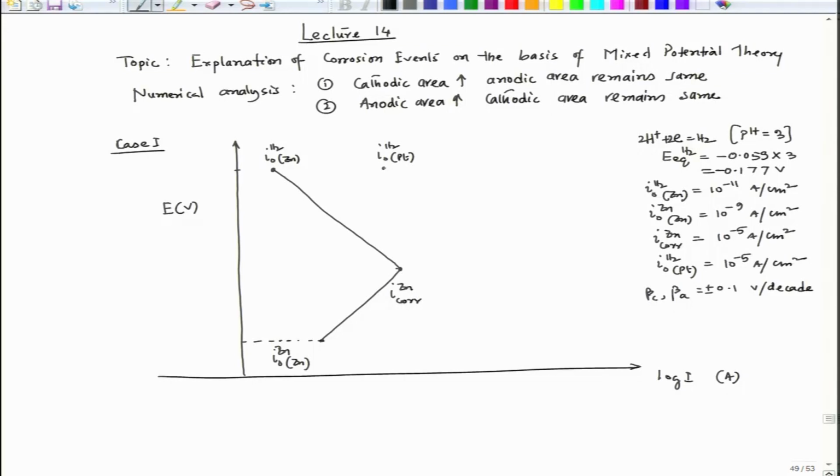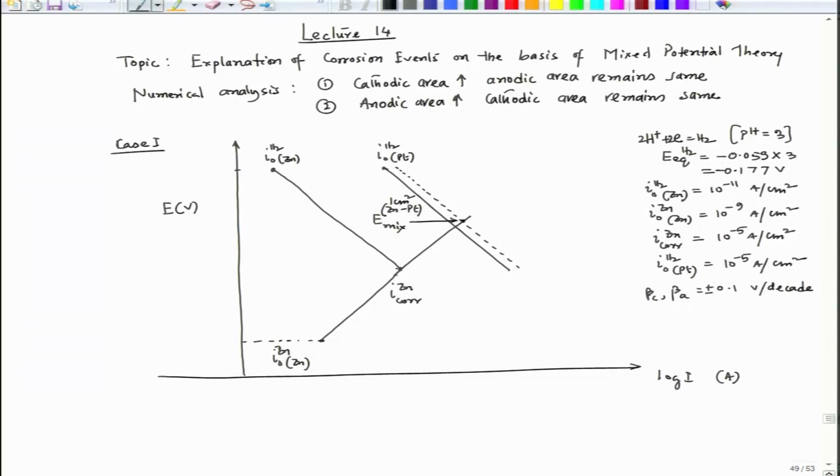If we connect it with platinum, it will also have its own plot, and then as per the mixed potential theory, we have to add them. This is the total. I am not indicating that because you please go back and check how we have drawn this. Now this will be extended, and this point becomes my E mix for zinc and platinum, with 1 centimeter square area.